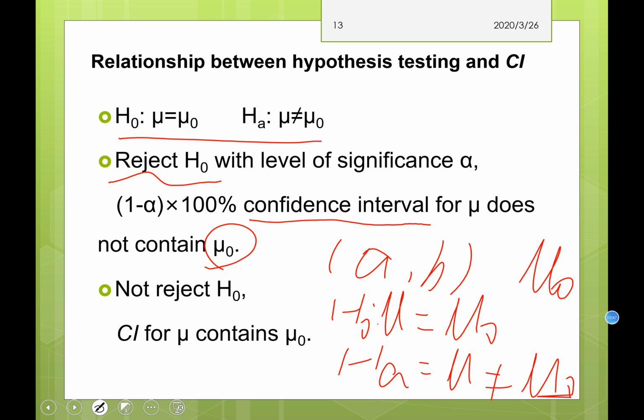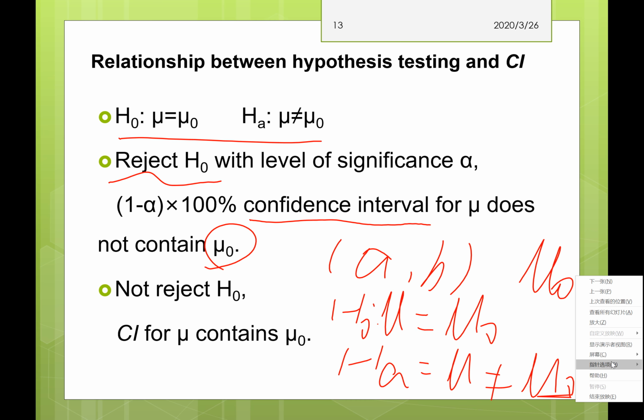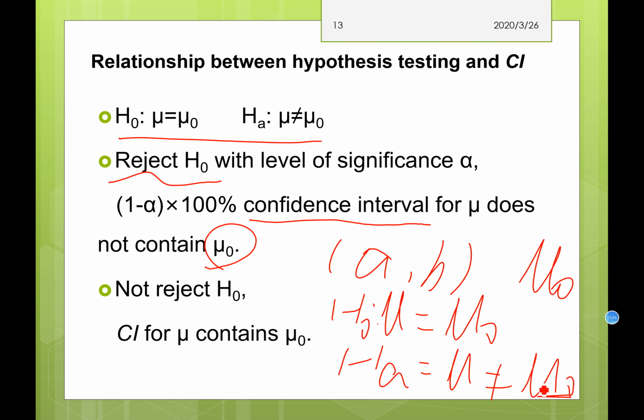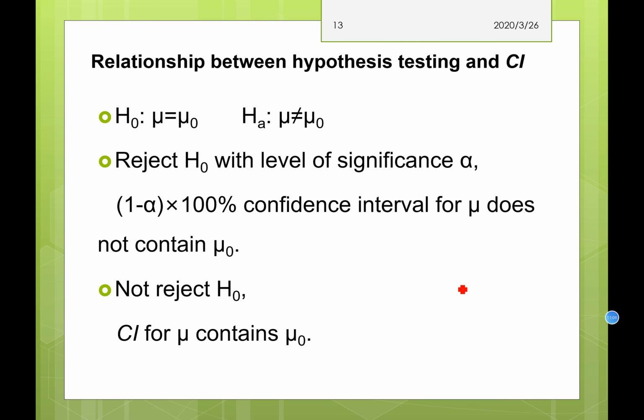And we can use the result of the confidence interval to check if we had the correct answer in the hypothesis testing. But there is still some difference between these two methods, hypothesis testing and confidence interval.